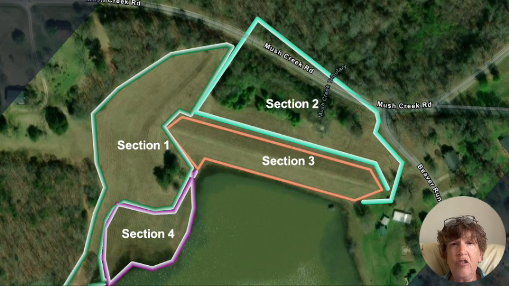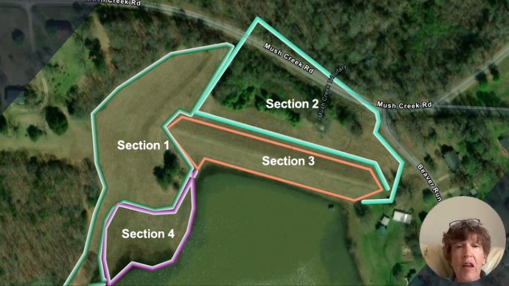This slide shows the land broken up into four distinct sections. Section 1 is the spillway, Section 3 is the dam, and they are the most alike of the two, containing mainly grasses with a Callery pear in the group of trees in Section 1.